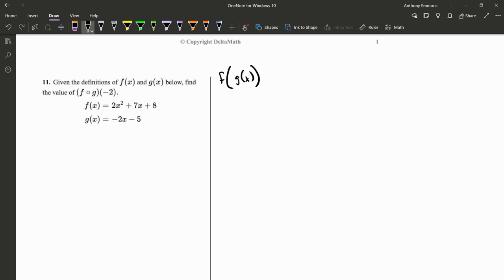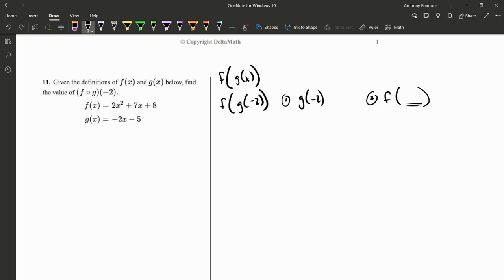We're going to find the f of the g of negative 2. Working from the inside out, we're first going to find g of negative 2, and then whatever number that is, we'll find the f of that number.